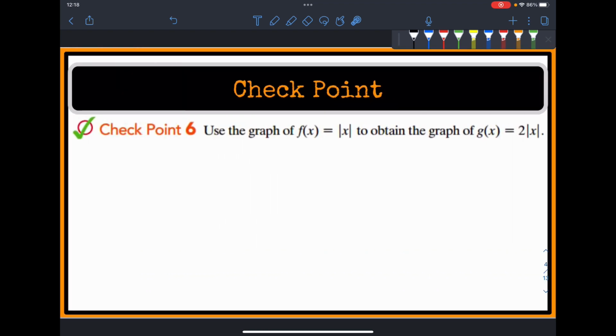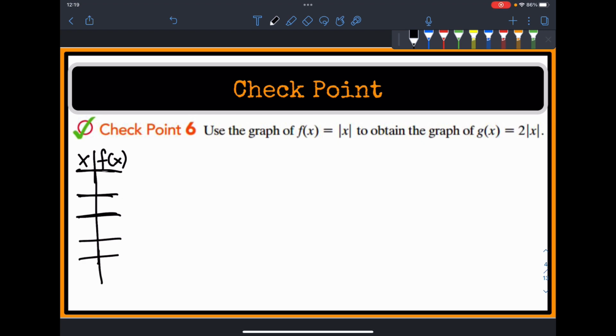So let's try this one. Try to graph this function and see what the graph is going to look like. So let's check your work. Let's first compare this using input values, using coordinates from our function, and let's see how that compares with g.